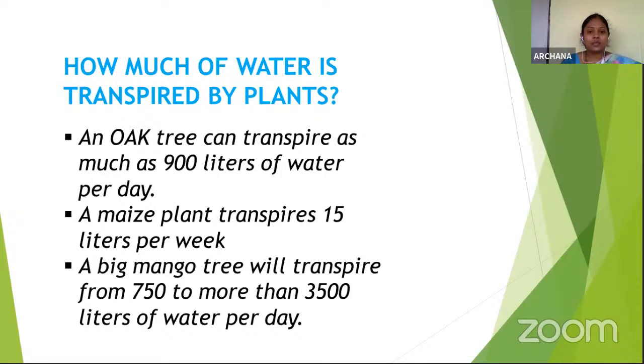An oak tree transpires 900 liters of water per day. A maize plant transpires 50 liters per week. A big mango tree will transpire from 750 to more than 3,500 liters of water per day.